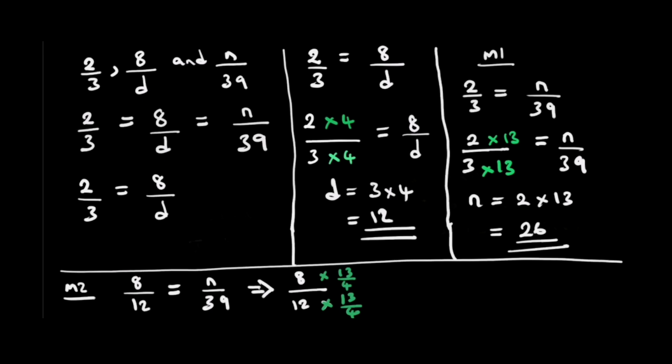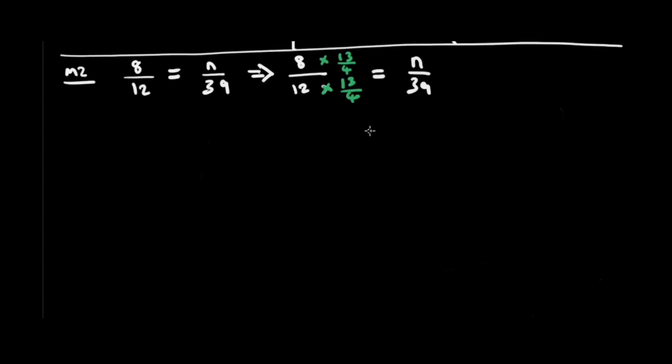Saka this is equal to n over 39. Saka panapa takuti n is equal to 8 times 13 over 4. Then 4 into 4 ndi 1, 4 into 8 ndi 2, and of course 2 times 13 ndi 26 yatambowana pamusoro. Saka ndaziva sei kuti 12 amultiplyiwa na 13 over 4 kuti tiwane 39.